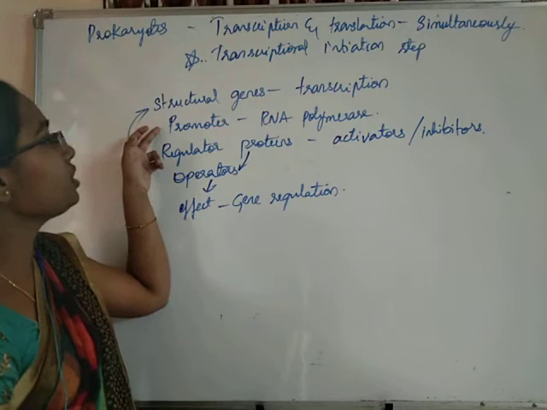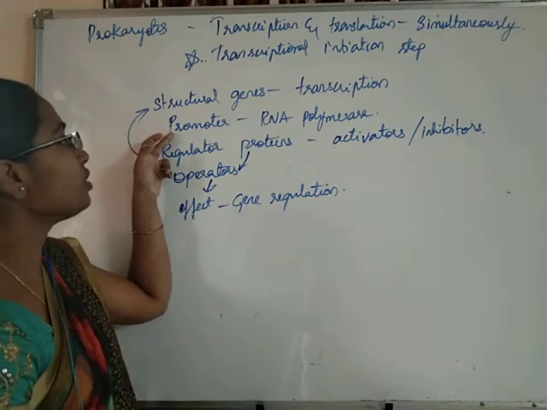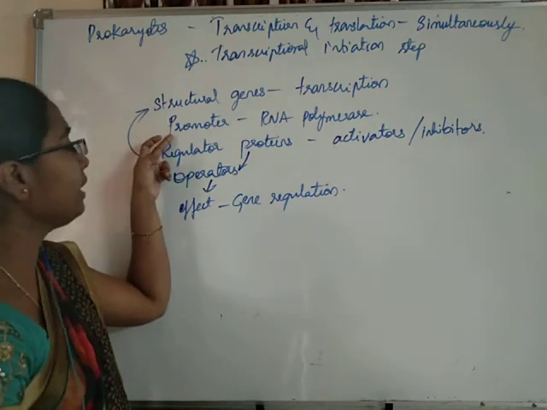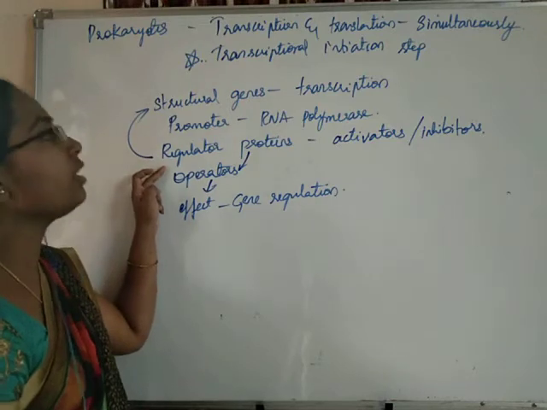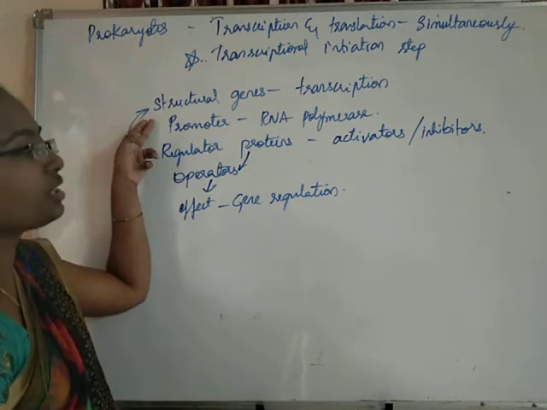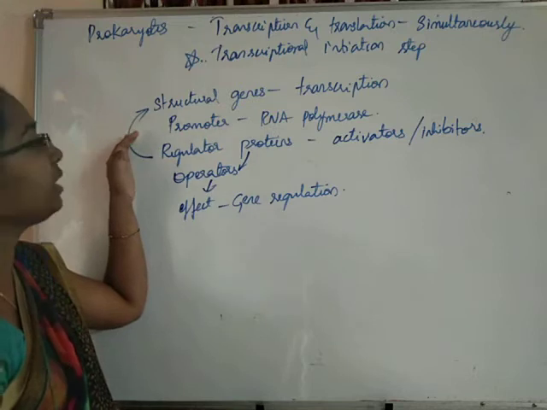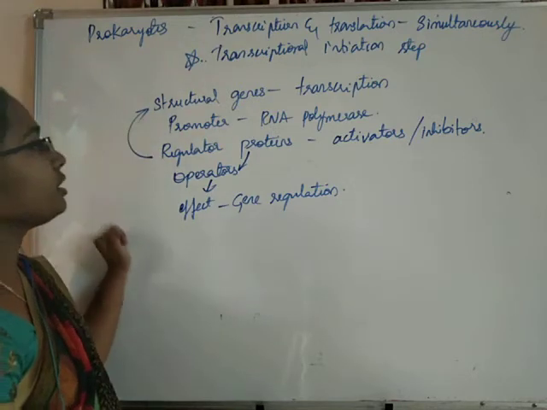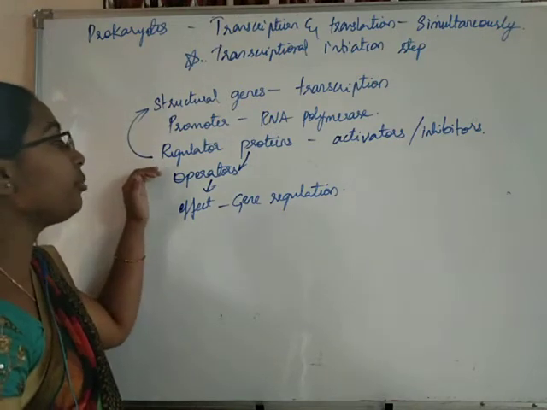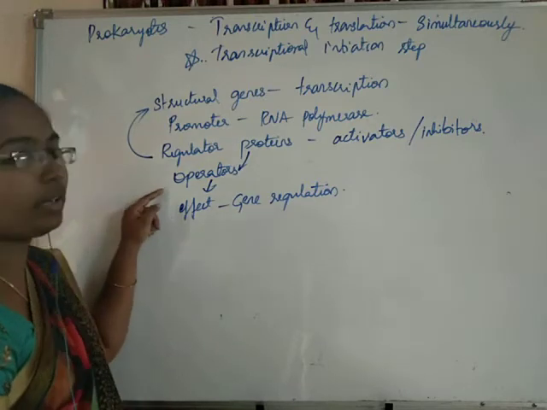So, transcription is done from the structural genes. At the promoter, RNA polymerase will bind. Regulator proteins will control the functioning of the structural genes; they may activate or inhibit it. The regulatory proteins work by binding with the operators.